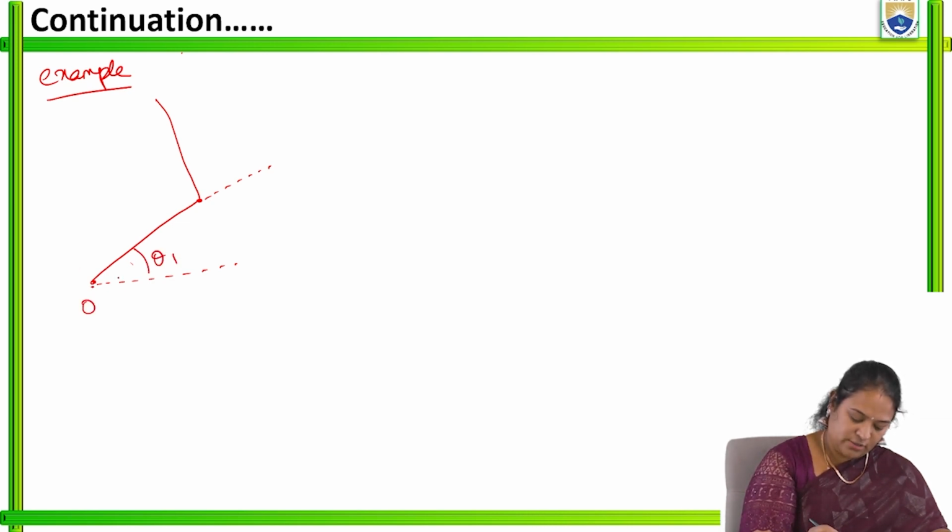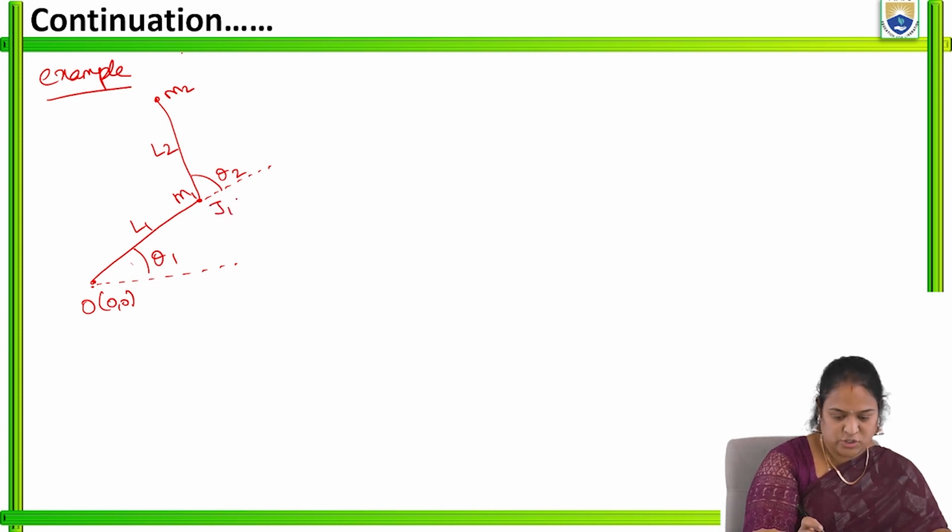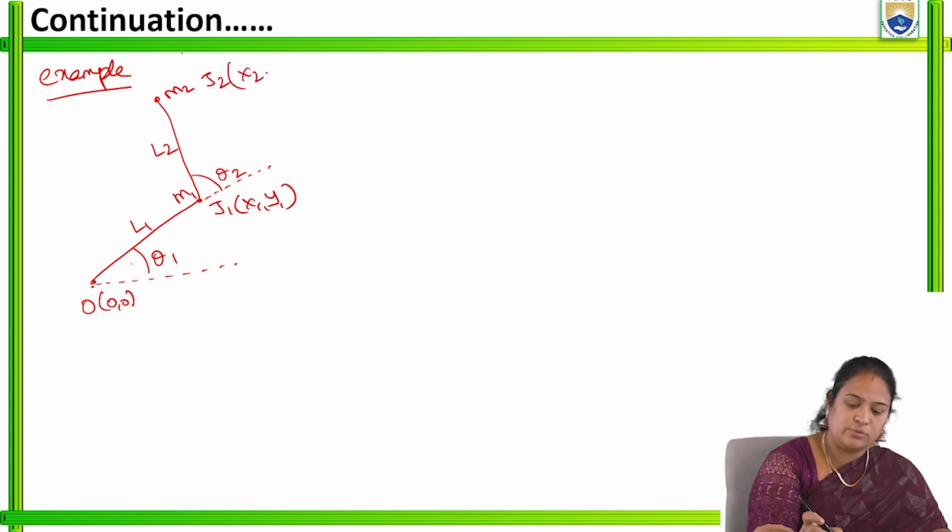This is the origin O, 0 0. This is point M1, this is point M2. This is the angle theta 2. This is link 1, link 2. And at point 1 we have joint x1, y1, and at point 2 we have joint x2, y2, right?